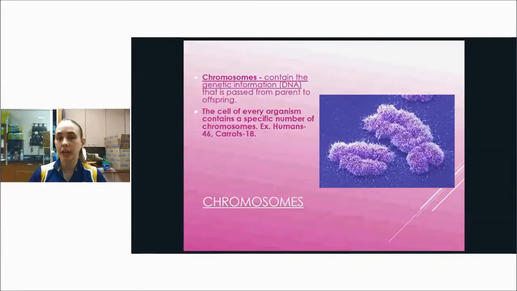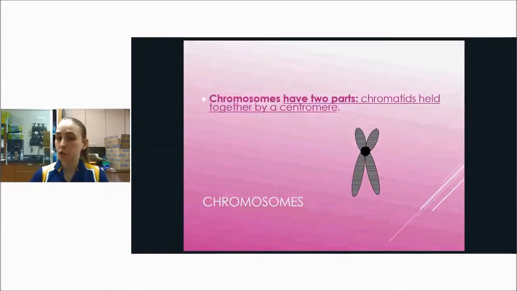Chromosomes contain genetic information, or DNA, short for deoxyribonucleic acid, and that is passed from parent to offspring. The cell of every organism contains a specific number of chromosomes. For example, humans have 46 chromosomes, and a carrot only has 18 chromosomes. Chromosomes have two parts: the chromatids that are held together by a centromere.